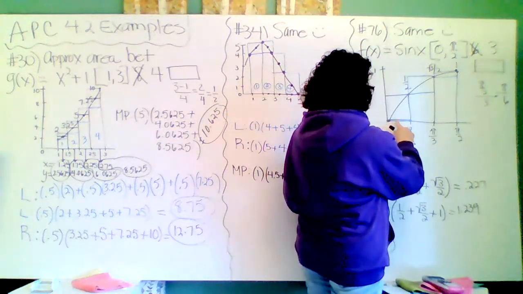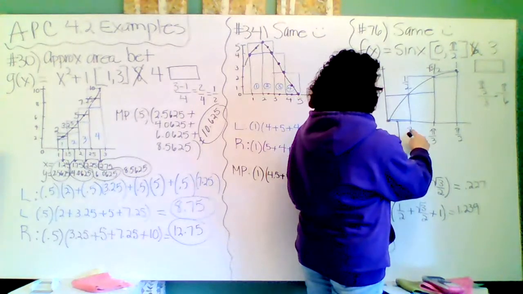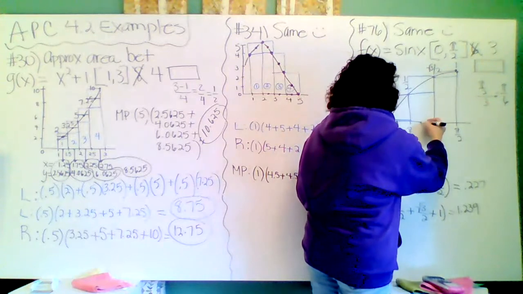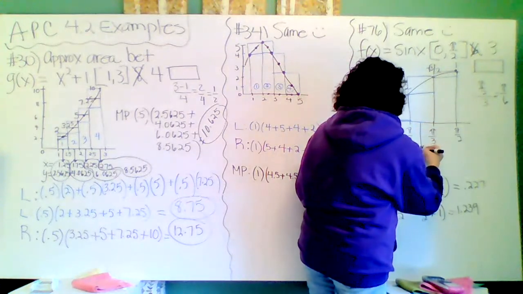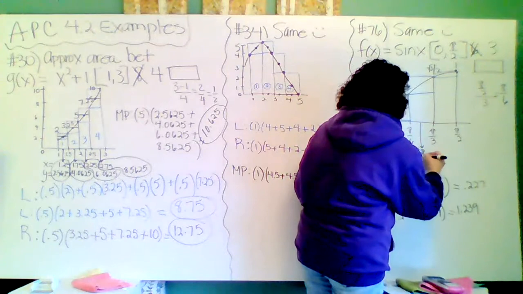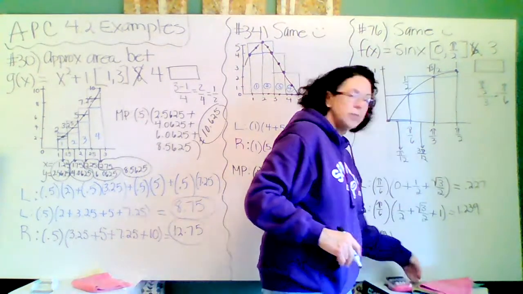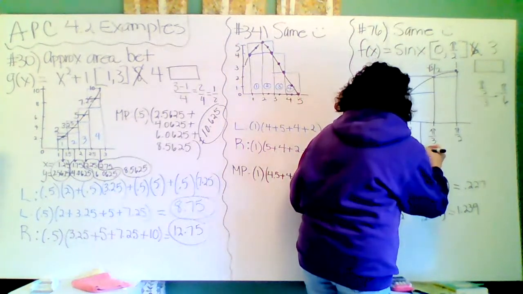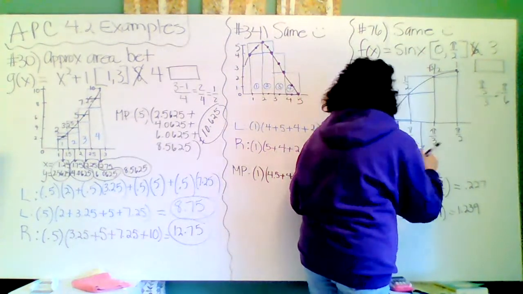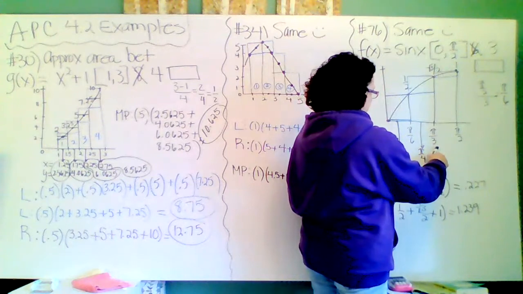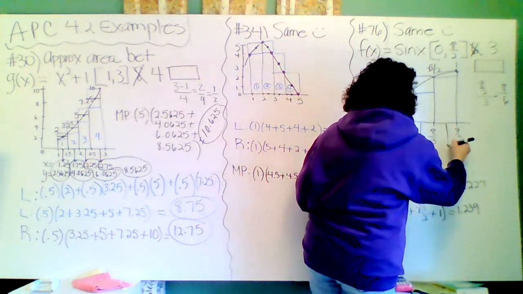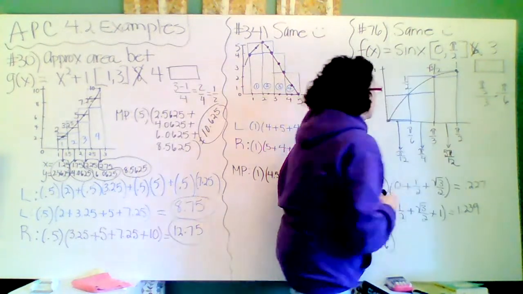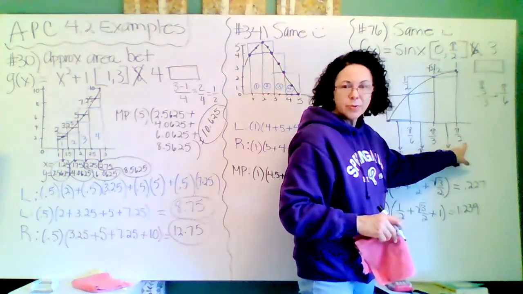So this is 1 pi over 12, 2 pi over 12, 3 pi over 12, which is pi over 4, 4 pi over 12, 5 pi over 12, 6 pi over 12.